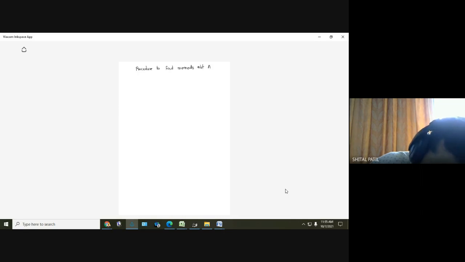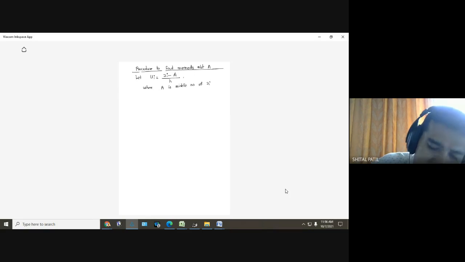Okay, अब समझना है. I'm using some substitution. Let u, it is not mu, ui equal to xi minus a divided by h, where a is middle number of xi. कोई भी नंबर ले सकते हैं, but it is always better to take middle number of xi.